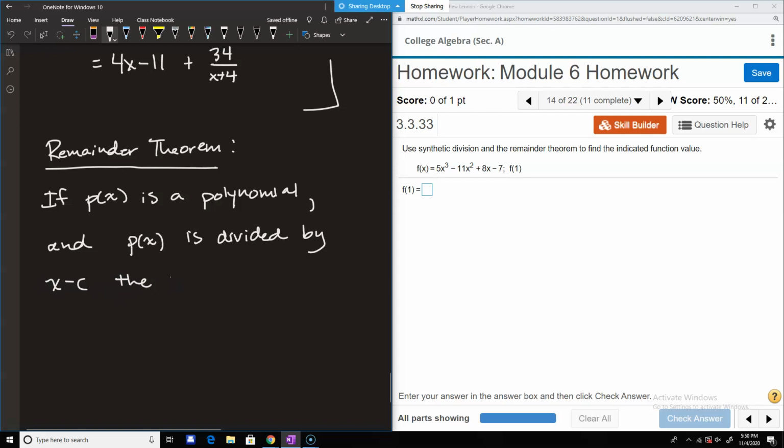The remainder is equal to P of c. So rather than plugging c into the formula and doing the computation, you can also just do the synthetic division.